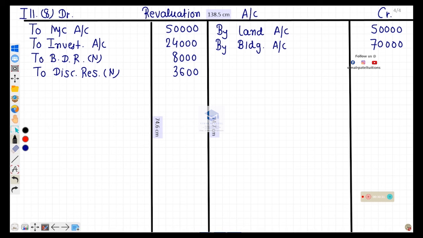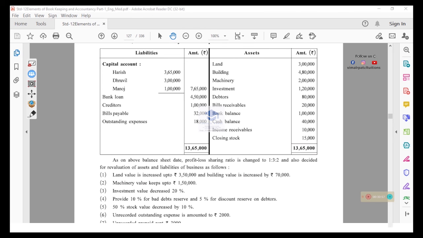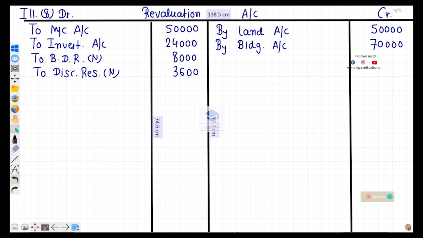Then 50% stock value is decreased by 10%. Now stock is 15,000. 50% of that, so 50% of 15,000 is 7,500. And you have to decrease it by 10%. So 10% of 7,500, that is 750. So that is decreased, so it will be debited to the revaluation account.